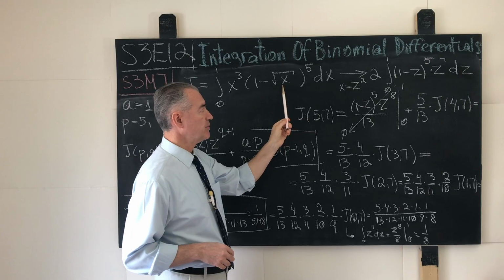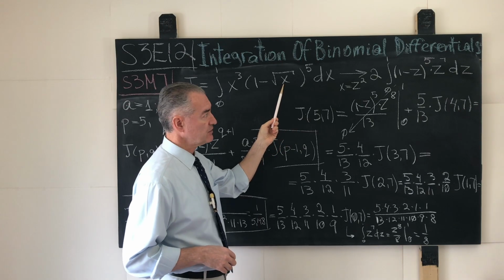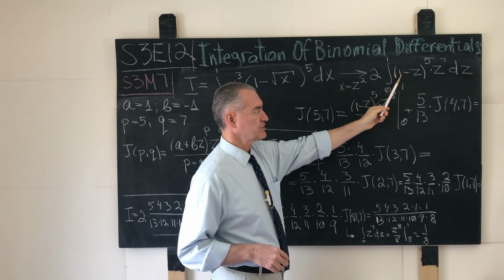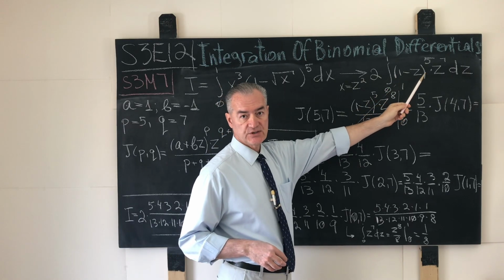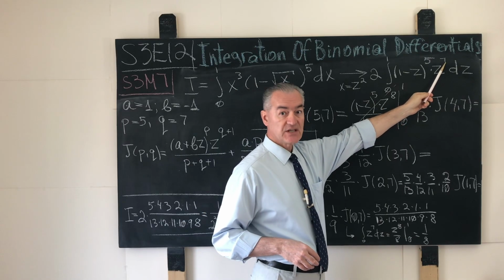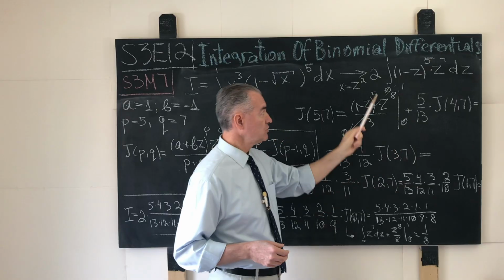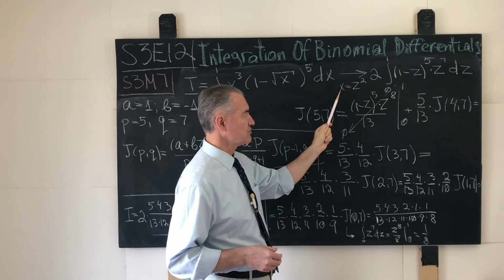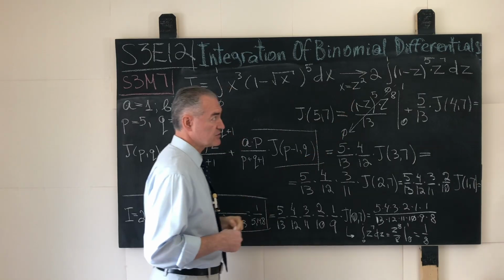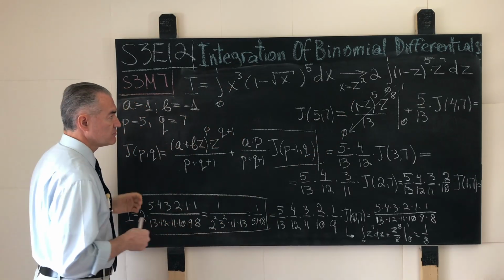This will erase the pesky square root in the integrand, and we will have our favorite integral from 0 to 1 of (1 minus z) raised to the 5th power times z raised to the 7th power. The 2 comes from the fact that the differential of x will be 2 copies of z times the differential of z. And the rest is straightforward.